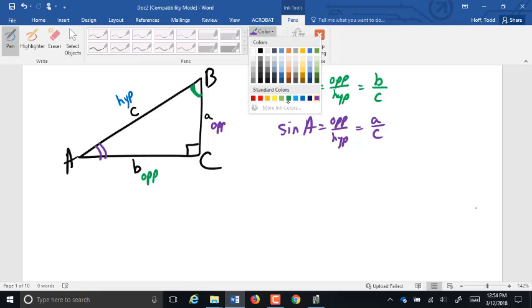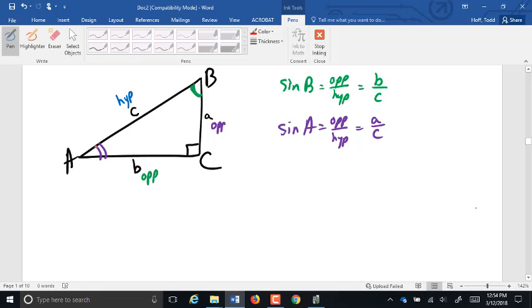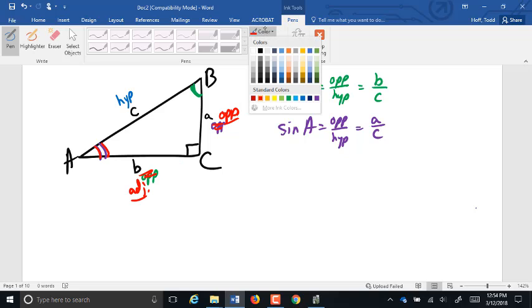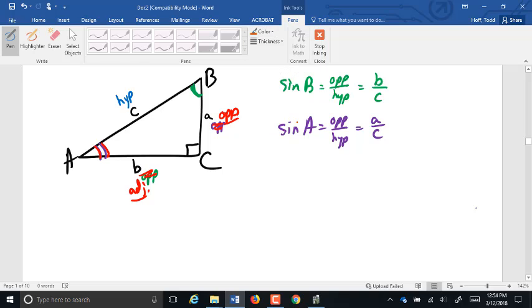So we're going to focus for right now on angle A. So little a is going to be opposite. Little b is going to be adjacent. We've already said the sine of angle A is side A over side C. What's the cosine of A? B over C. Tangent of A?